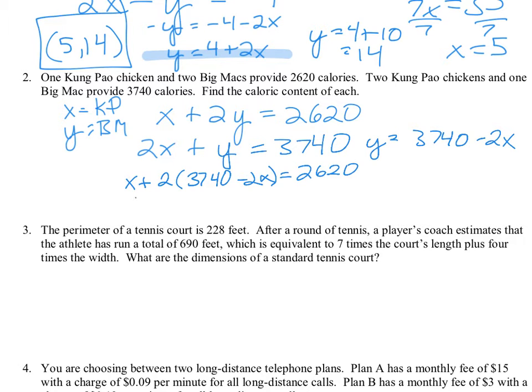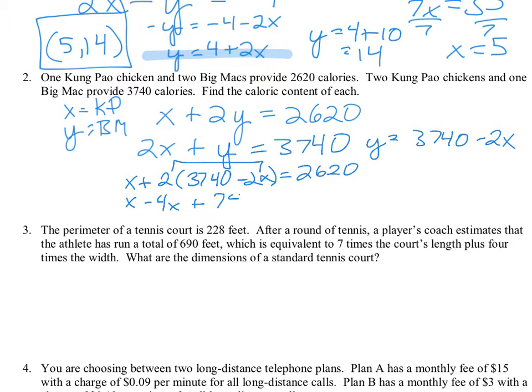I distribute the 2. When I distribute it to the x, I get a minus 4x. When I distribute it to the 3740, I get, let's see, 7480, I think. I'm going to check it with my calculator. 3740 times 2 is 7480. I was right.